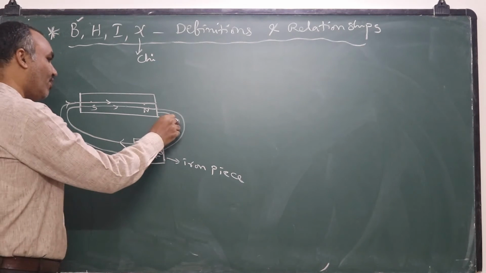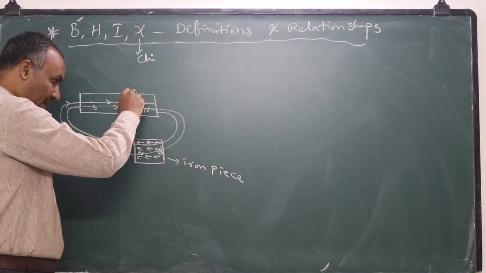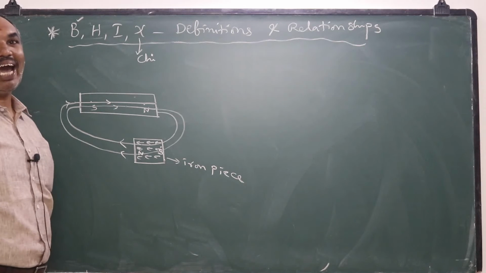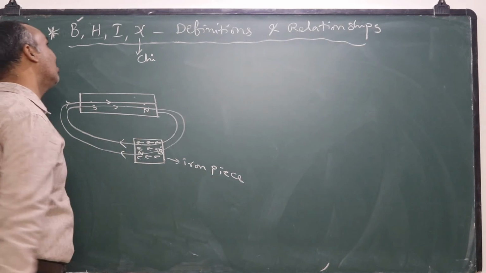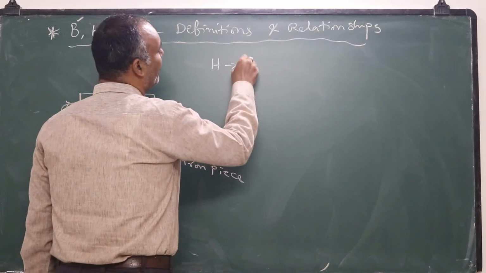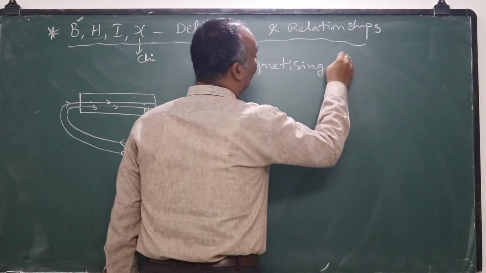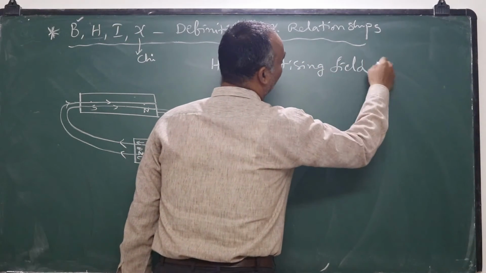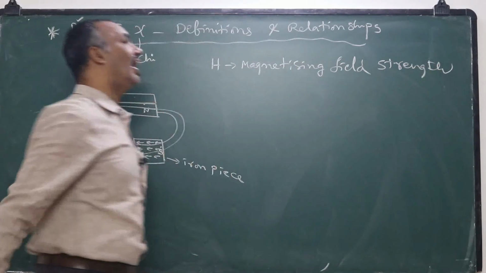Hence this field generated by the original magnet is called the magnetizing field. The strength of this magnetizing field is represented with H. H is called magnetizing field strength.